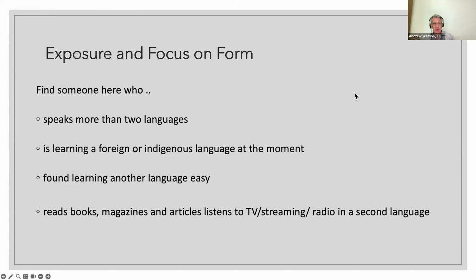Speaks more than two languages, learning a foreign or indigenous language at the moment. Who has found learning another language easy? Who reads books, magazines, articles, listens to TV, streaming, or radio in a second language?